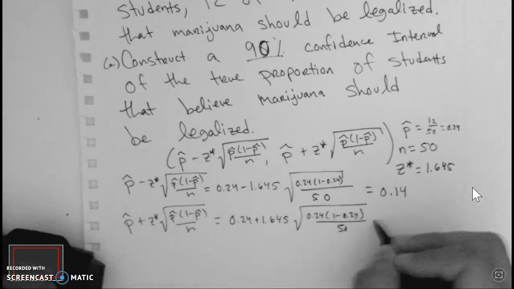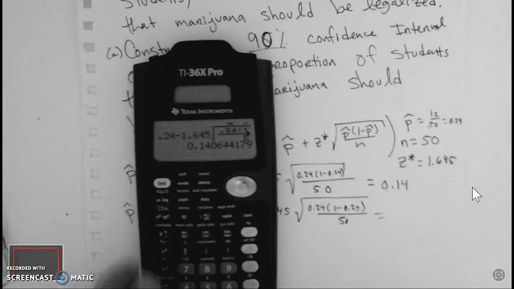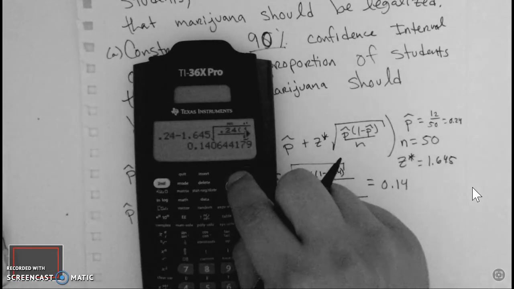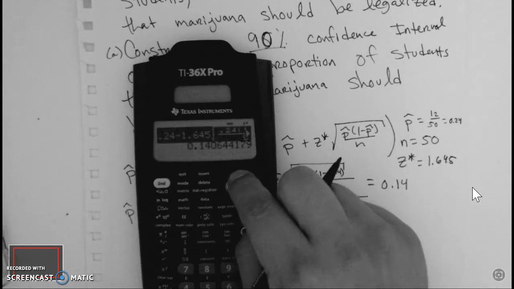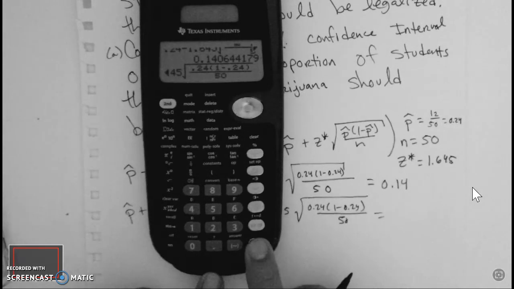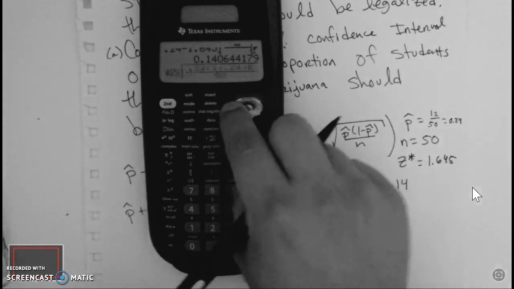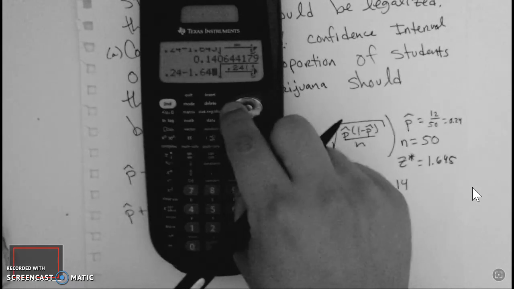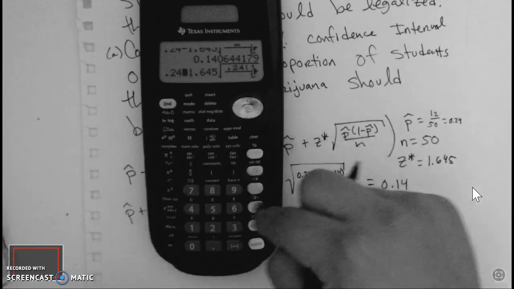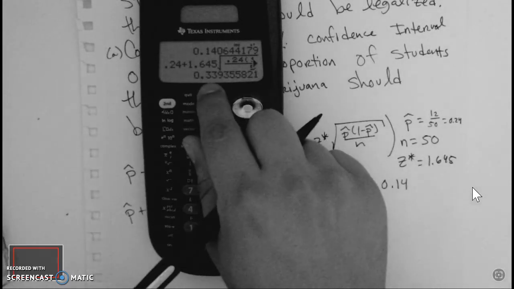If you don't want to write everything down, just go back up, press enter, and it will pop up. We just want to change the minus to a plus, press enter, and what we get is our upper bound, approximately 0.34.